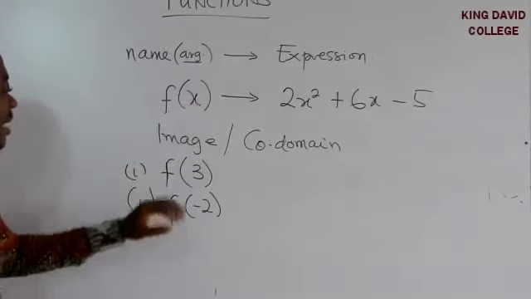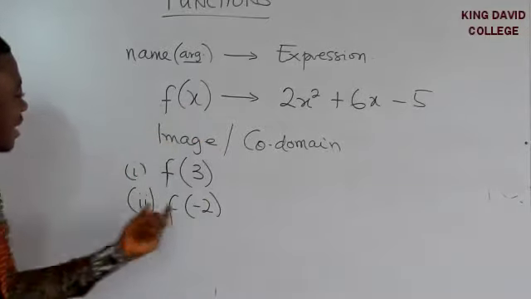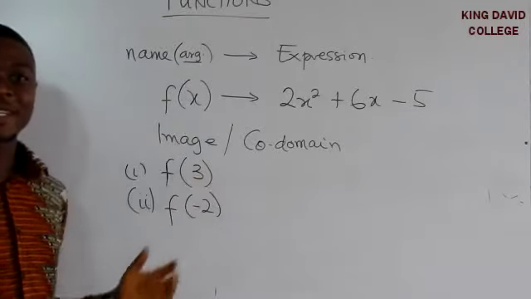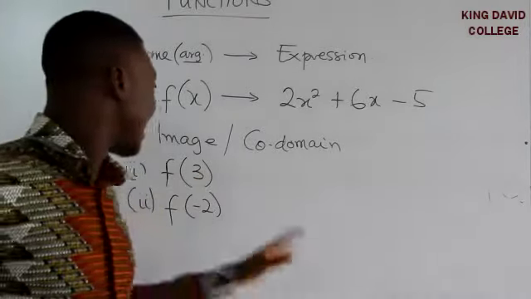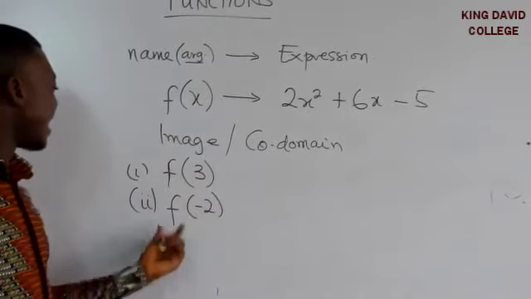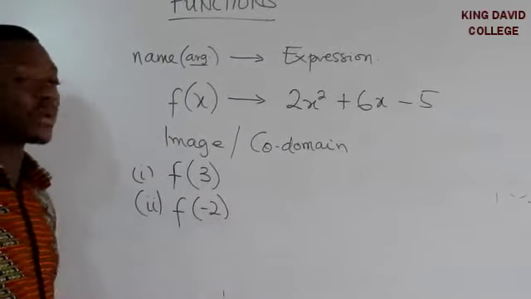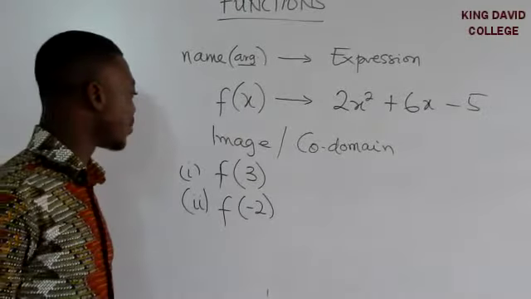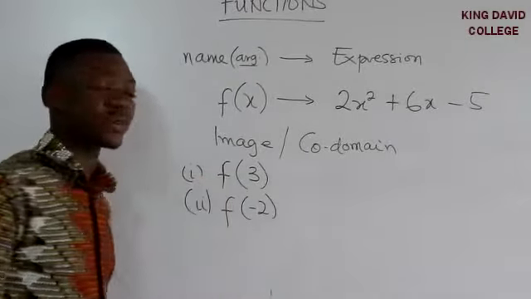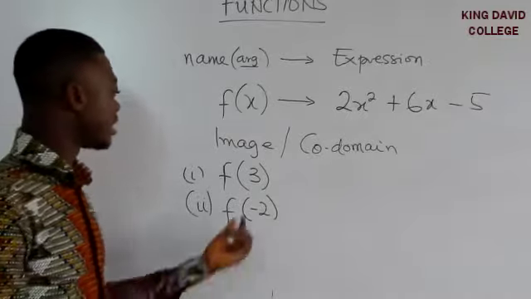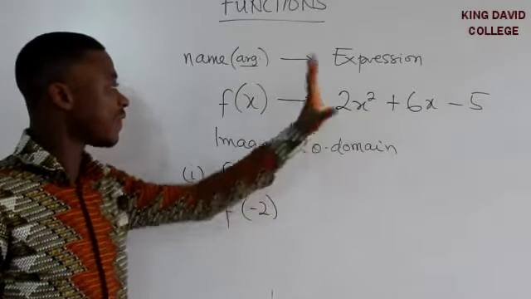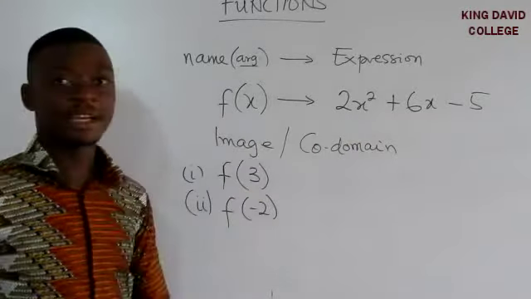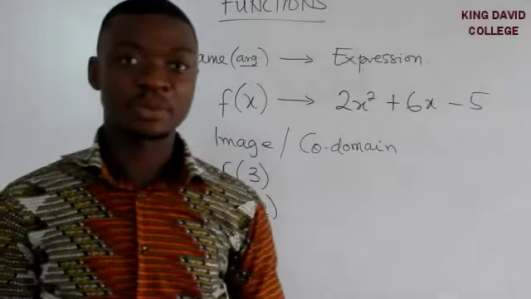So simply, in I, our x given to us is 3. Then in II, our x given to us is minus 2. So all you need to do is, in place of the x's in the function, put in the required inputs.